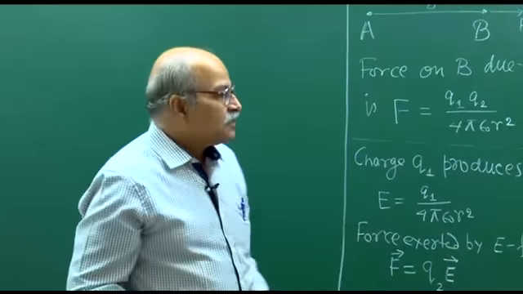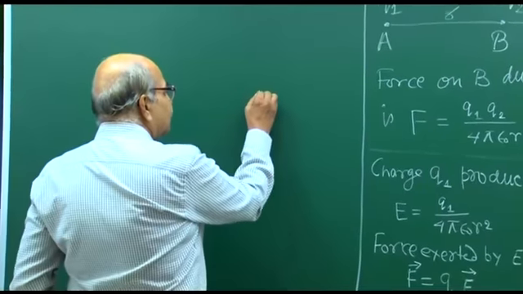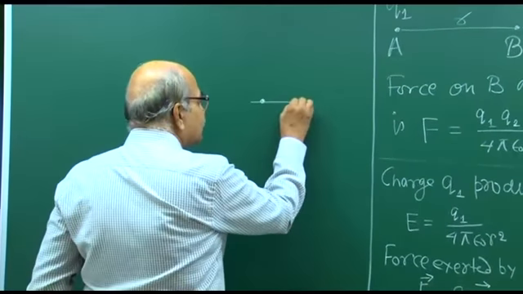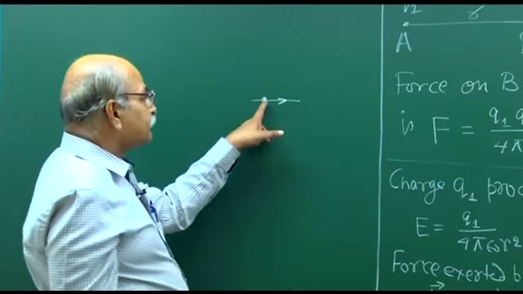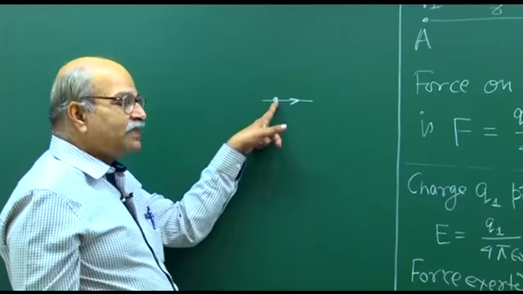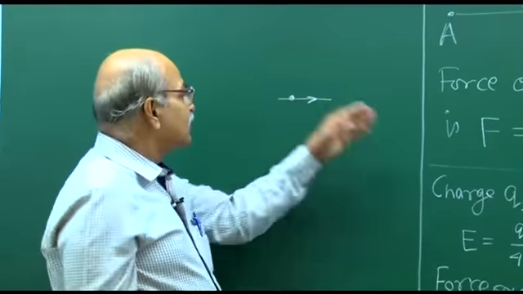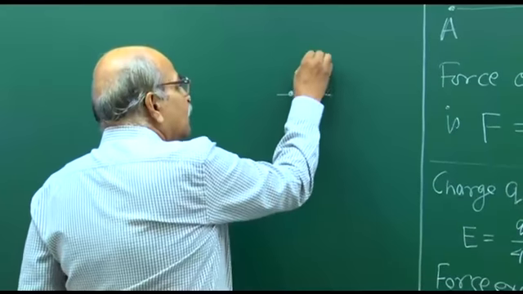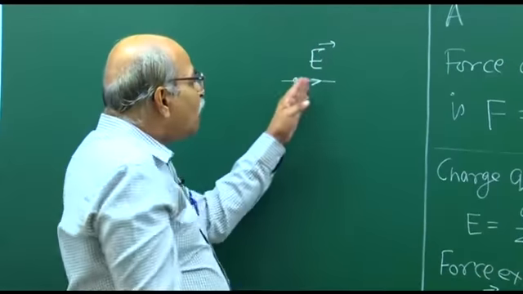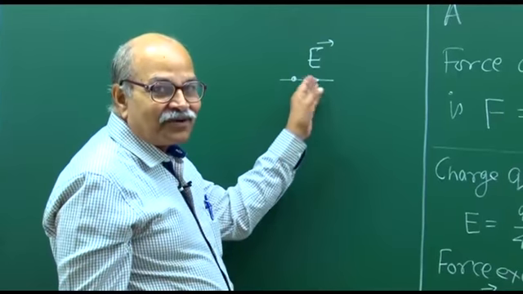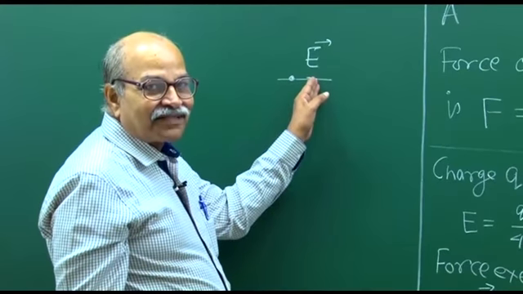Suppose you have an electric field in this direction at some point, and you go a small distance along the direction of the electric field.